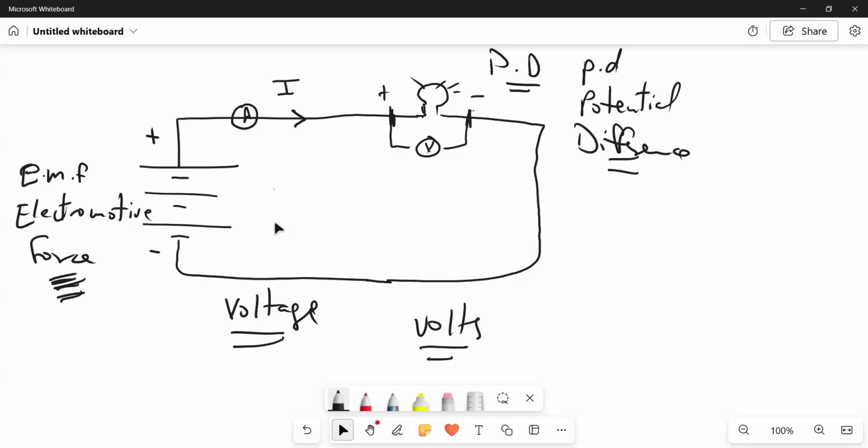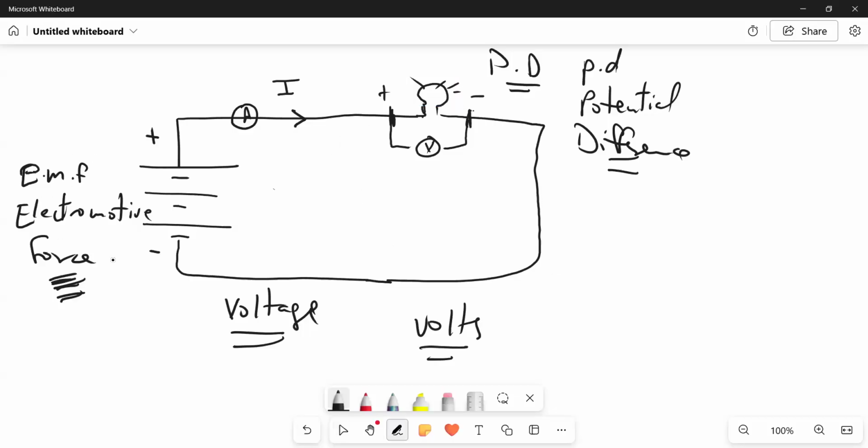Current is measured in amperes; electromotive force and potential difference are measured in volts. And you hear this word a lot, voltage. They'll say the voltage of the battery is 12 volts. They might tell you that this bulb is rated at 6 volts or 12 volts. So yes, you hear those terms.